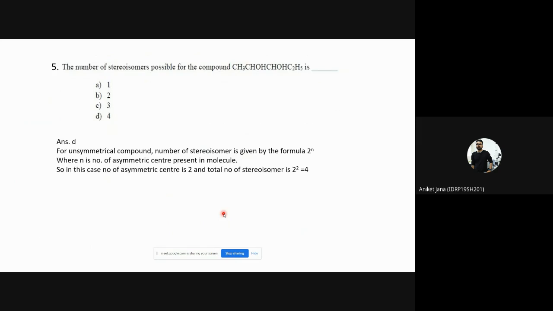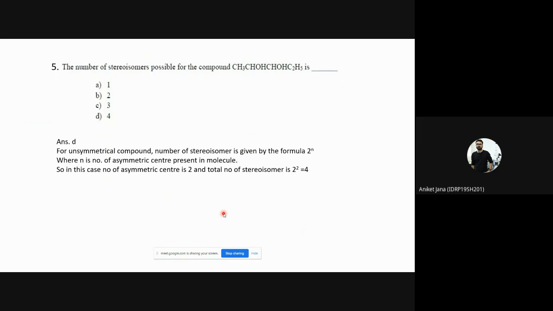Okay, here is the number of stereoisomers possible for the compound CH3, CHOH, CHOH, C2H5. This compound is not symmetrical and cannot be divided into two equal halves. When the molecule cannot be divided into two equal halves, the formula for the number of stereoisomers is 2 to the power n, where n is the number of asymmetric centers in the molecule.